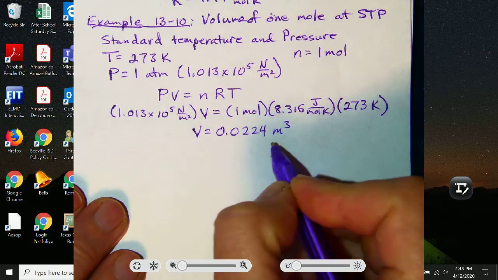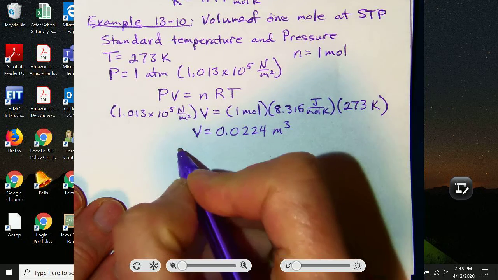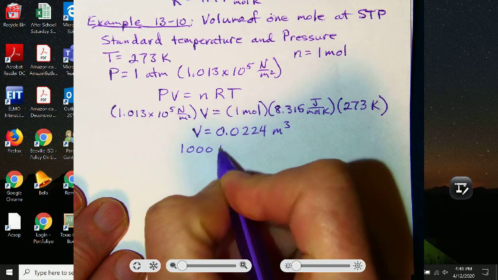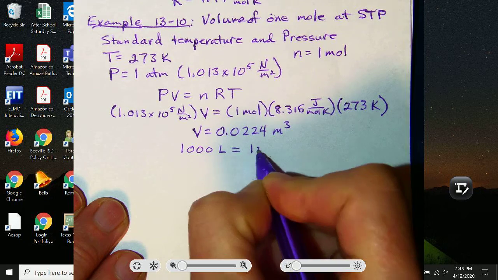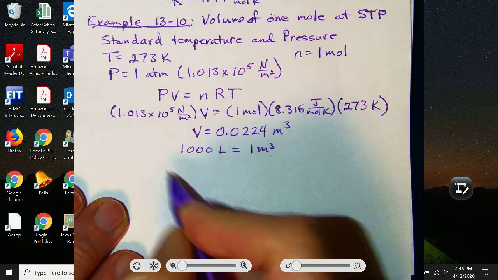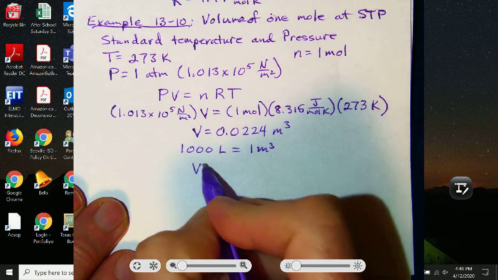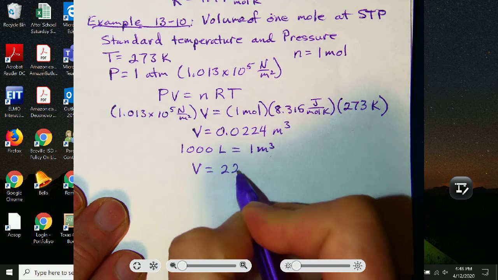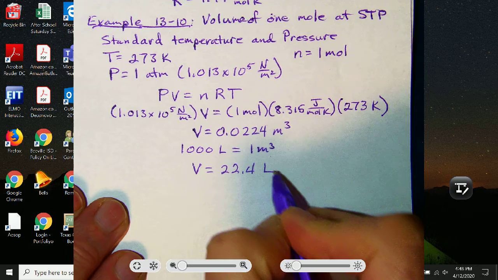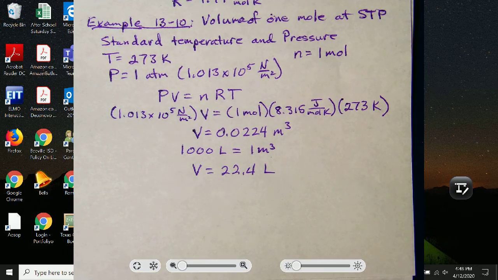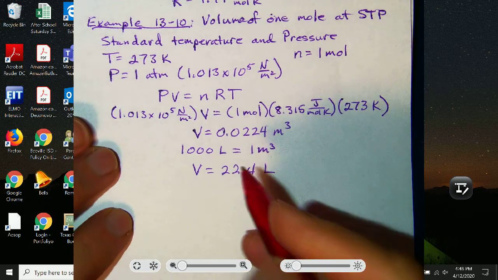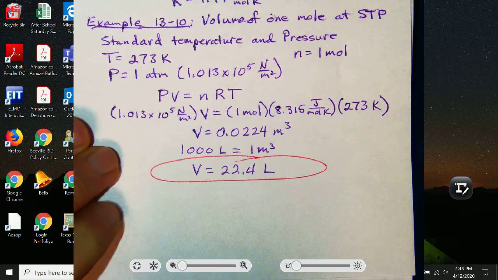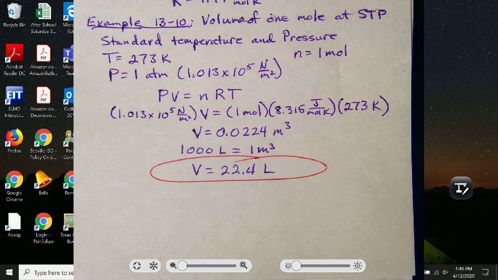Since there are 1,000 liters in the 1 meter cubed, that means our volume here is 22.4 liters. And again, this is a value it would be useful to remember.